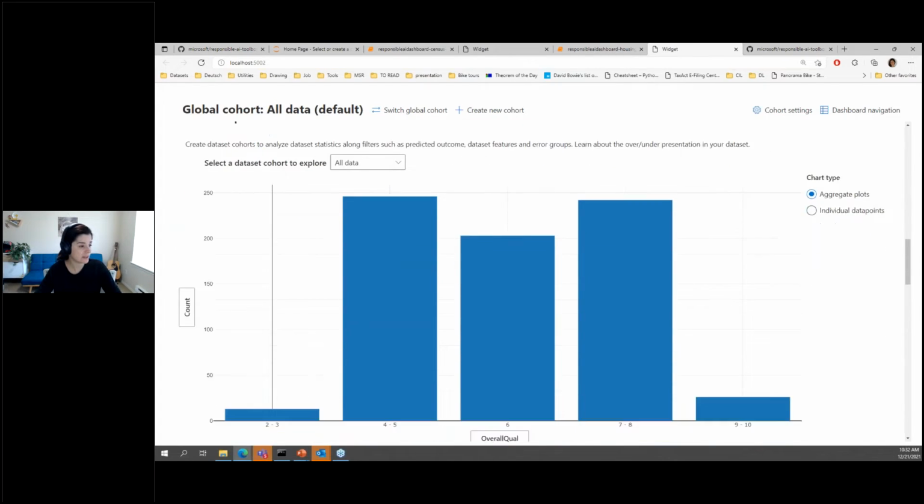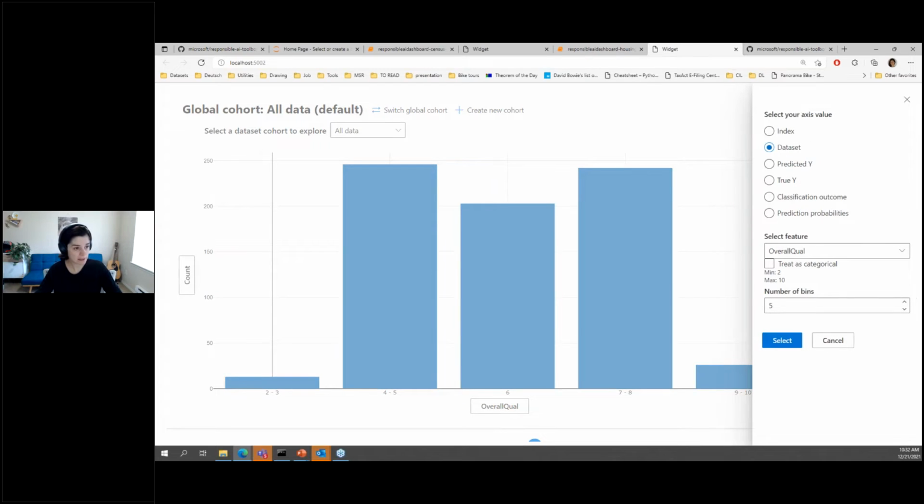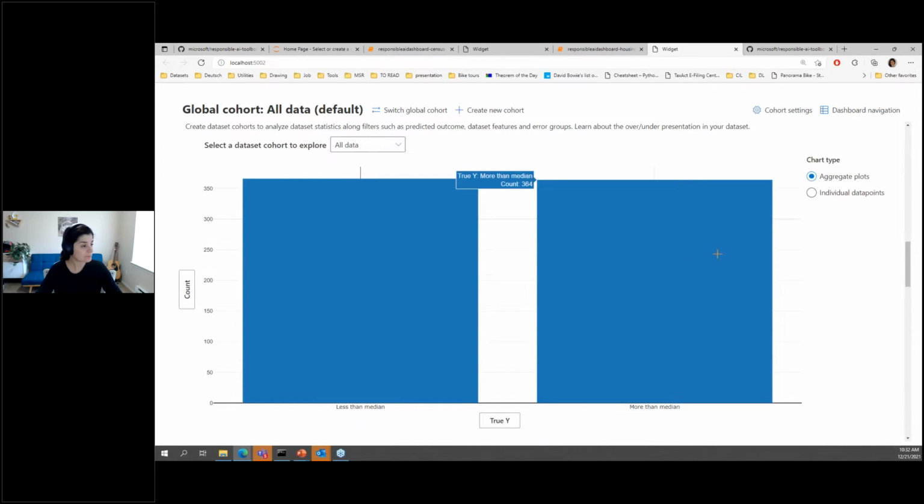We can look at how the data is distributed. The next component is the data explorer, and we're going to look at how the true Y, the ground truth, is distributed across this data. For the whole data cohort, we can see that the data is pretty balanced. This is by definition, because we are looking at the median value, and the median is basically in the middle, like half of the data is on one side, half on the other side.